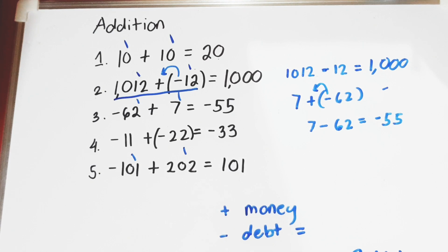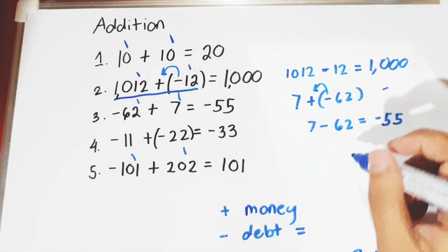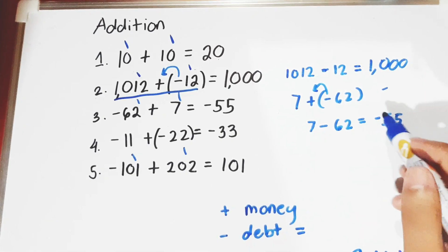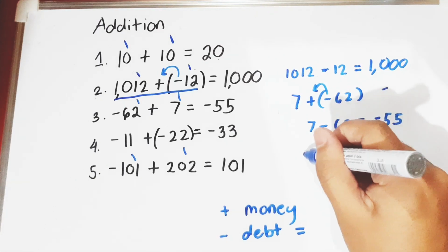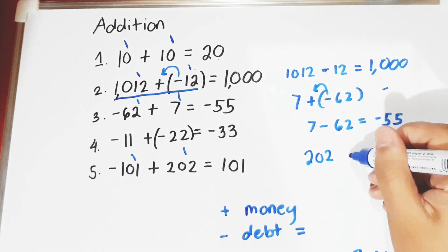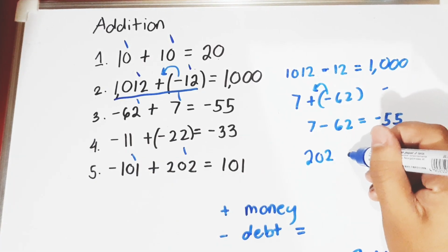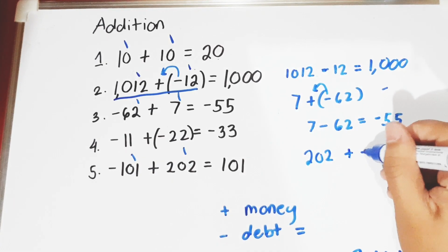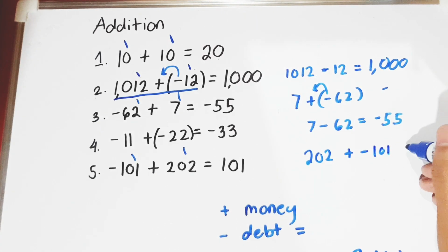Let's say the positive is your money, and the negative is your debt. So if you pay your debt, it's basically the scenario of 2 and 3. So let's put 202 first. Let's interchange it: 202 plus negative 101, equals.